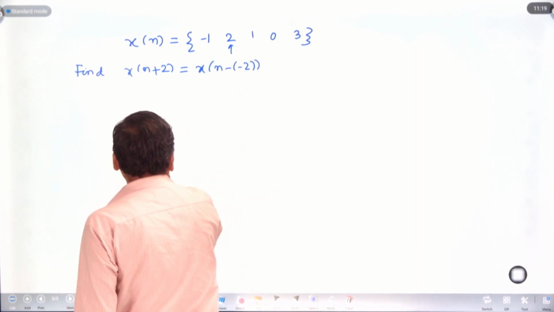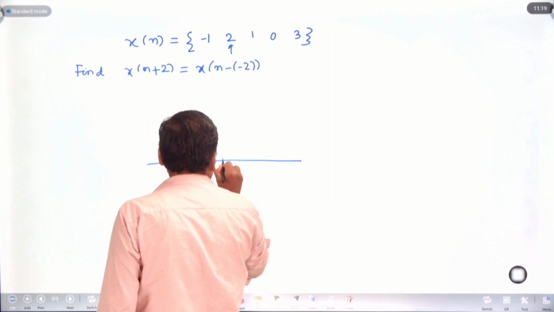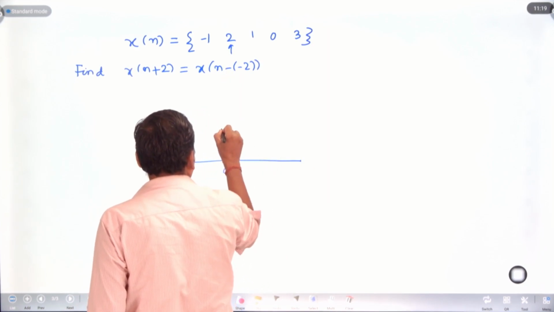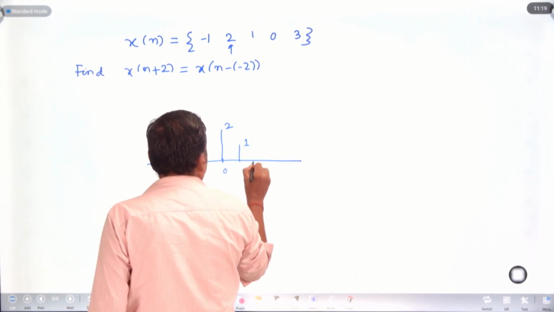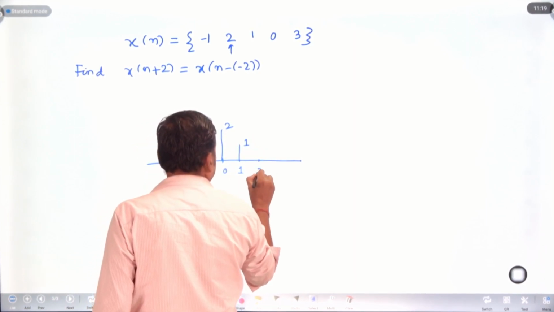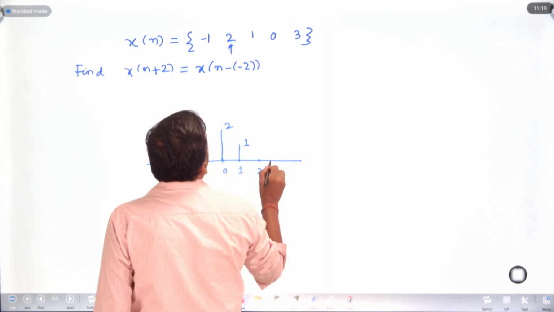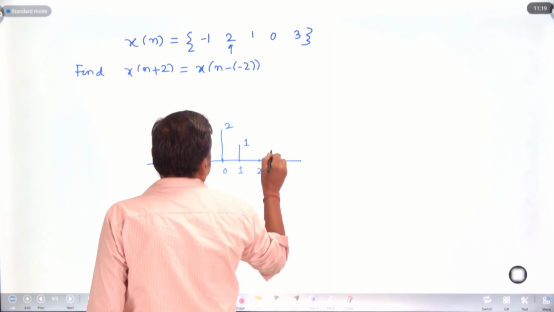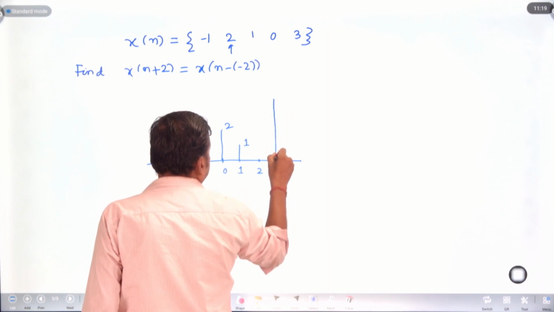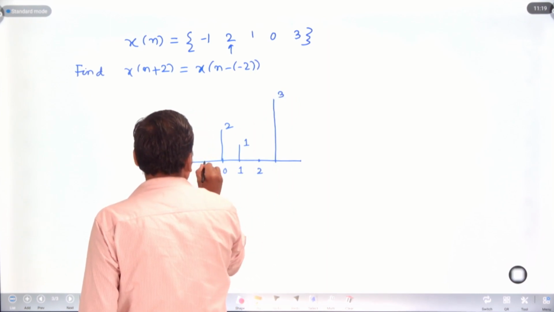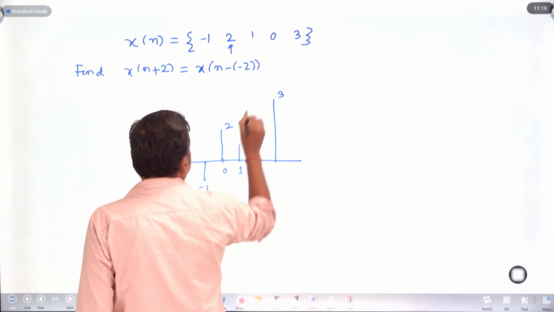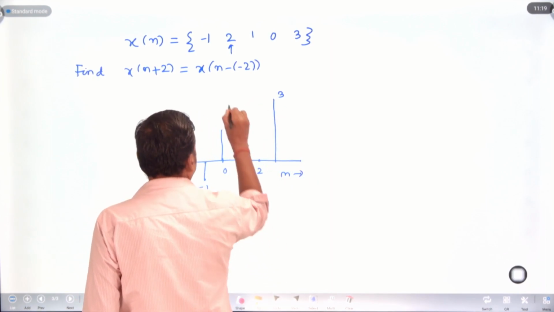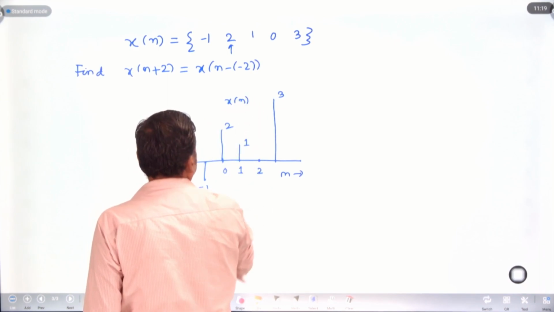In graphical representation, for n equal to 0 the value is 2, for n equal to 1 it is 1, for n equal to 2 it is 0, for n equal to 3 it is 3, and at the end it is minus 1. This is your n axis, and this is your x of n.